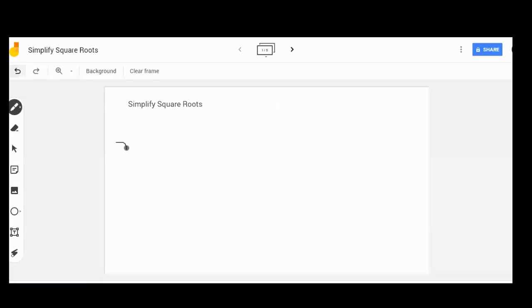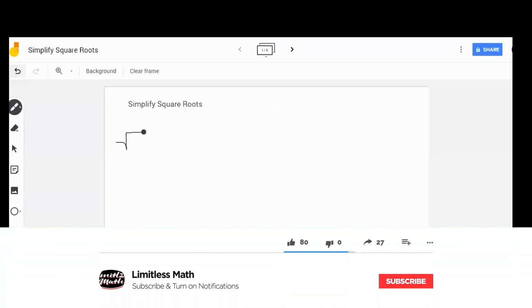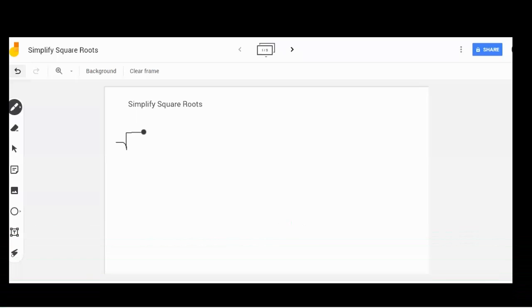A square root symbol generally looks a lot like a division symbol, and sometimes students get confused, but it is not division, it is a square root. So you may have seen before the square root of 16. Basically what you're doing is figuring out what number you can multiply times itself to get 16.